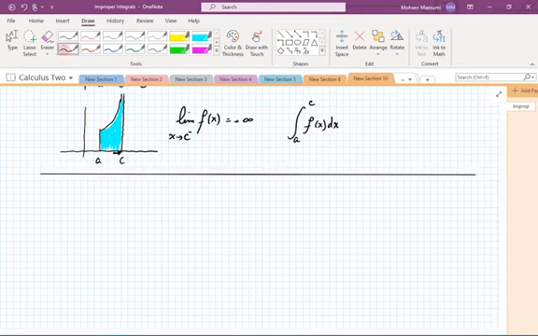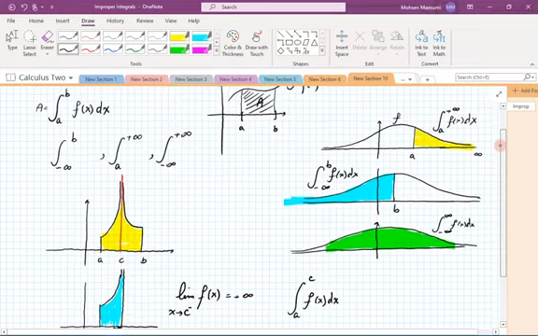Now there are some definitions in any textbook you see. How do we define these things? For example, if I want to calculate the integral from a to infinity of f of x dx, how do we actually formally define it?